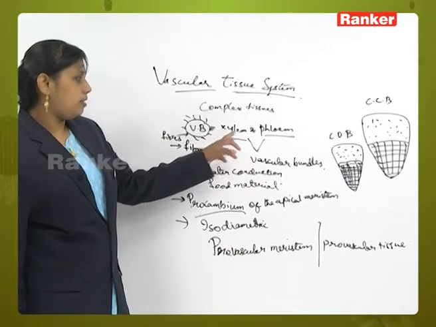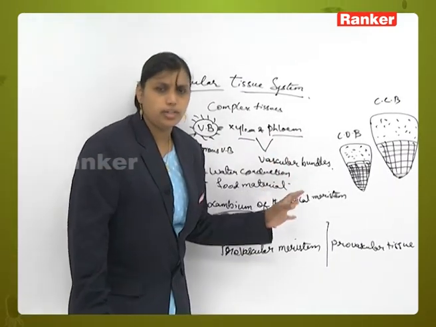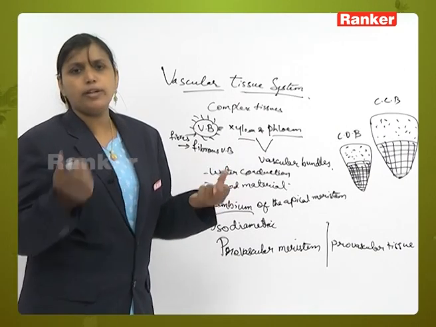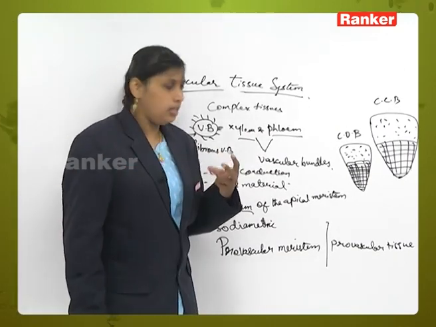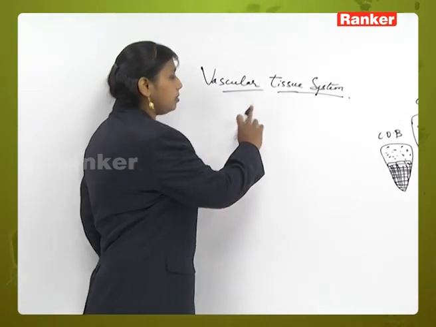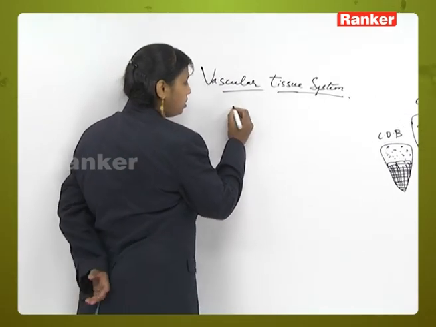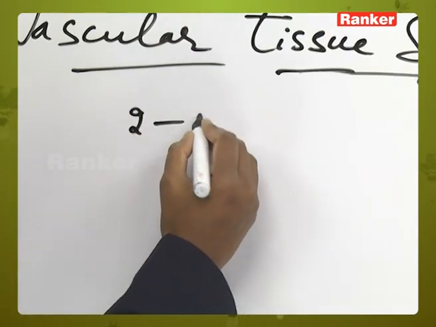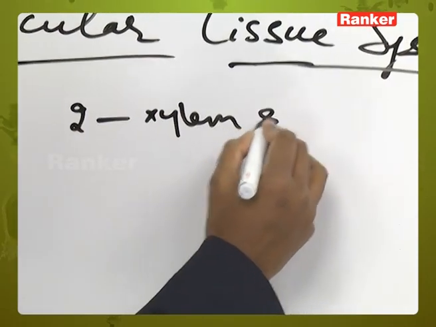Now, on the basis of the arrangement of xylem and phloem, the movement of the xylem is of two types, centripetal and centrifugal. The procambium cells, provascular tissue, are differentiated into xylem and phloem.